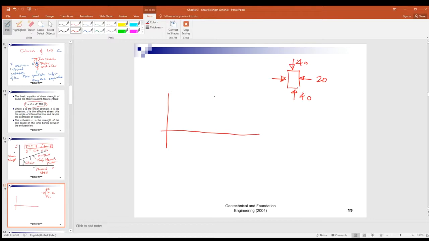Now for this element, here, 20, 0, for this point, that's A, and this is B, so that is point A. What about point B? 40, 0. That's point B. So what's the Mohr circle?